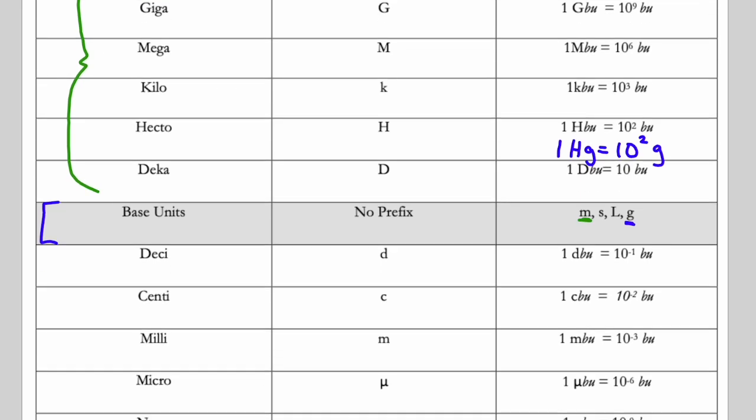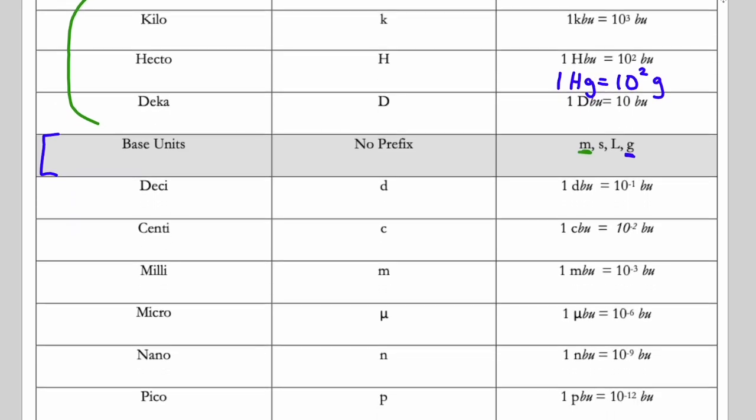In contrast, when we go below, all of these prefixes actually make the unit smaller. So for example, I'll use one that we're familiar with, centimeters, right? My base unit here is going to be the meter. So 1 centimeter equals 10 to the negative second meters, or 1/100th of a meter.